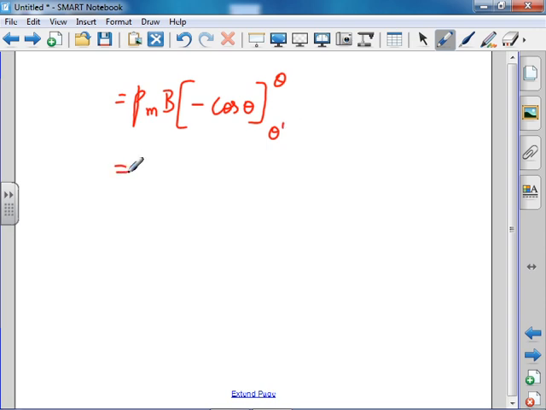Now apply the limits. What will you get? PMB into, we can take the negative sign to the front, cos theta dash minus cos theta.